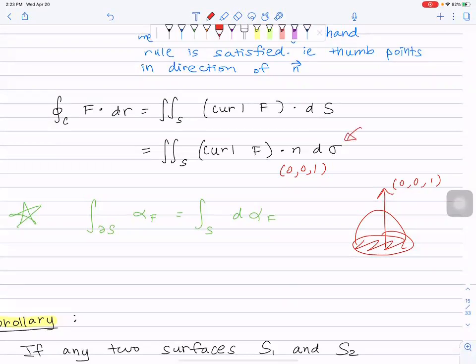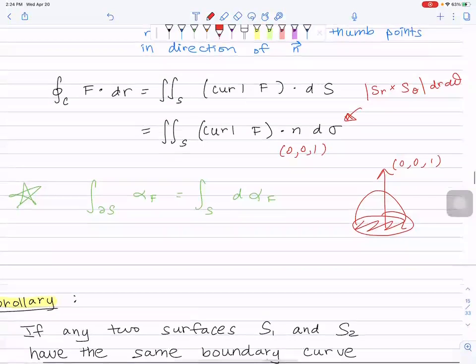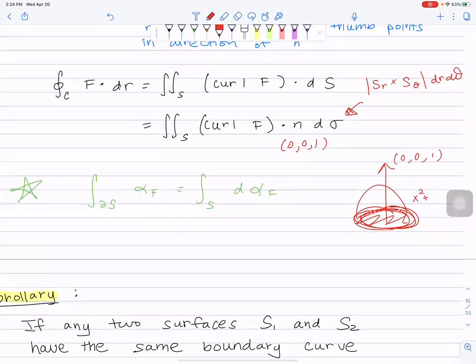And how do you get d sigma? The formula for d sigma is, let's have our parameterization be called S, S_r cross S_theta, dr d theta. Say our circle is x squared plus y squared equals 4.